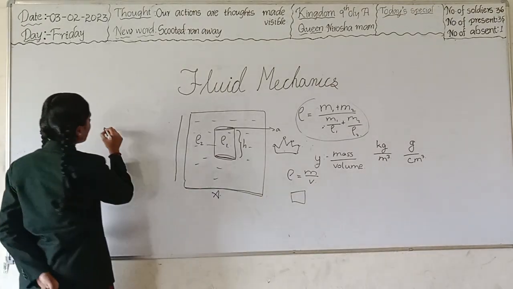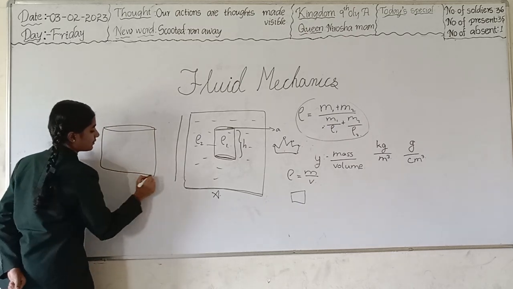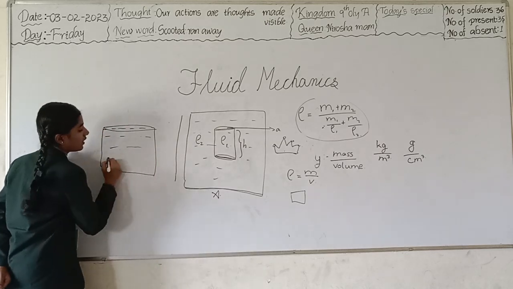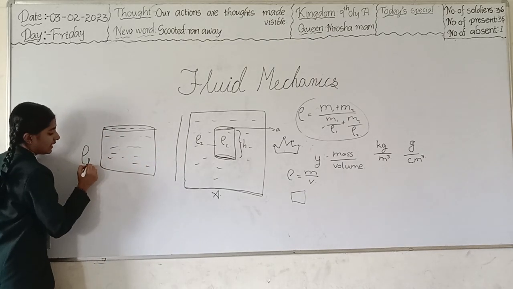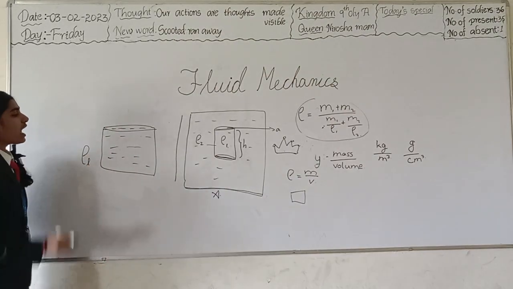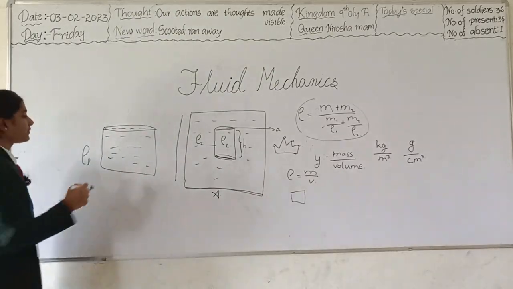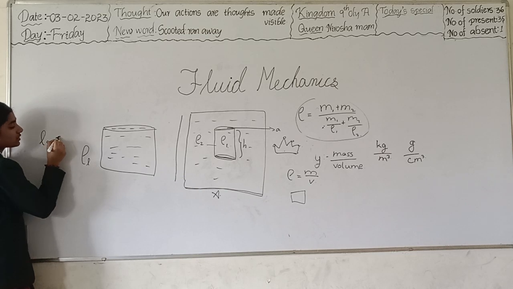See, if we have a liquid and its density is rho L. I kept L as I took the density of the liquid, and take an object like a wooden cork of density rho S. Wooden cork is solid, right?